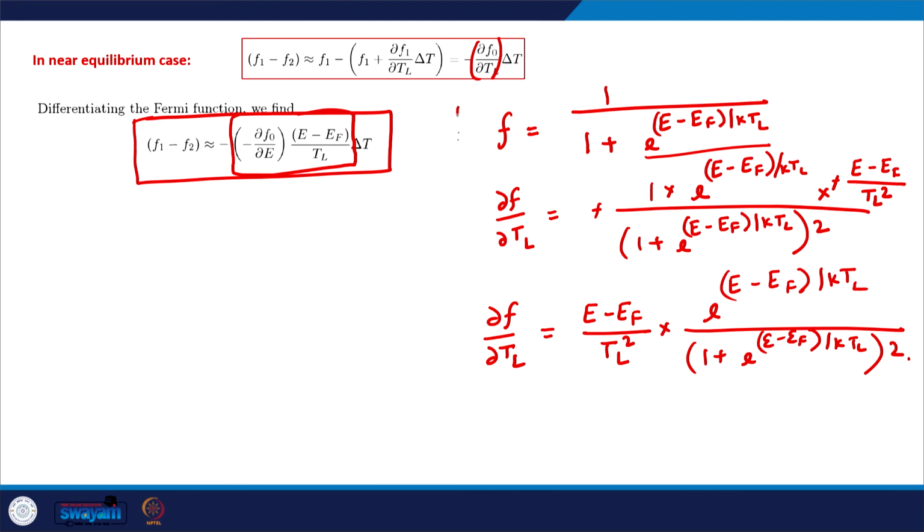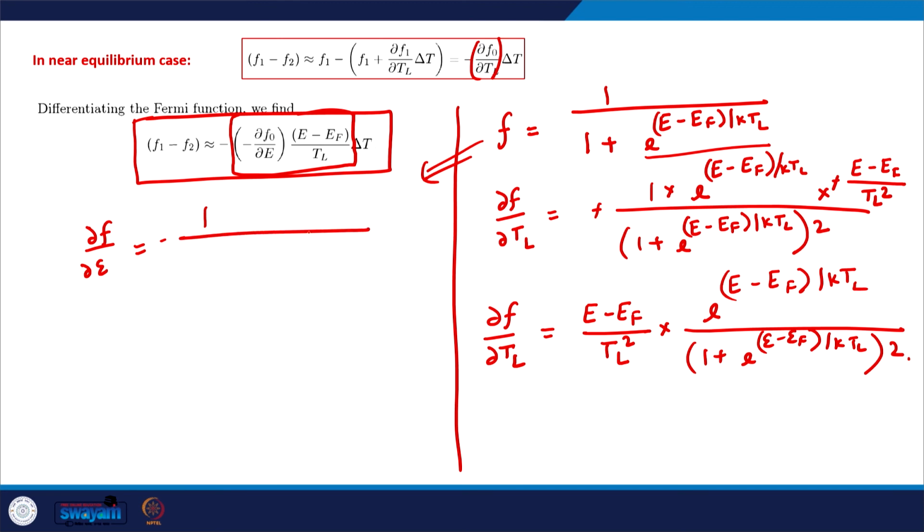Okay, and from this expression of the Fermi function, what is del F by del E? It is minus 1 divided by (1 plus exponential E minus EF by KTL) square, times exponential E minus EF by KTL, times 1 by KTL.